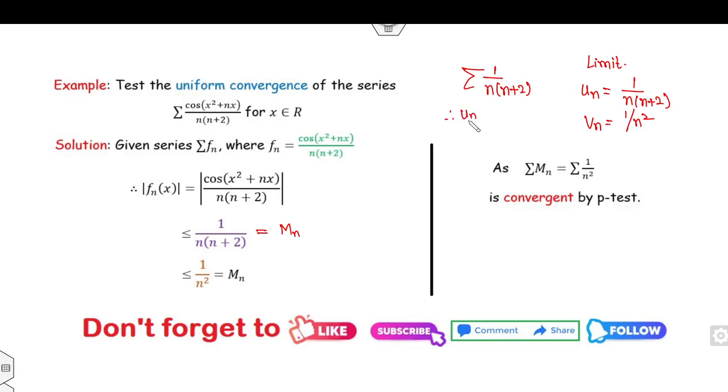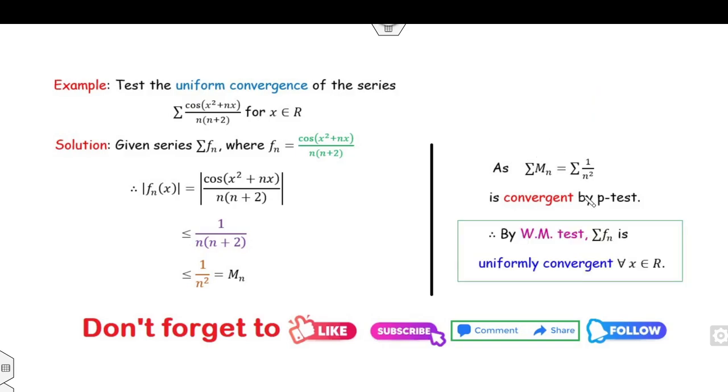Then un over vn goes to 1, which is finite, and vn is convergent by the p test. Therefore, the series un is also convergent by the limit comparison test. Now once the Mn is convergent, by using the WM test, the given series is also uniformly convergent.